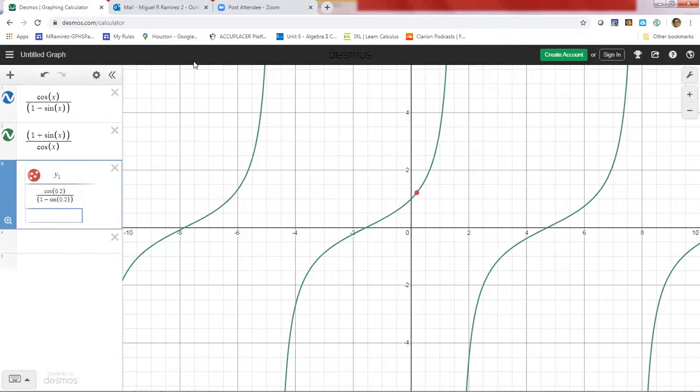Enter. And you see right here the point. Yeah? 0.2, 1.223. Everybody see that? So once you put this point right here in Desmos, you click on the point and then you see the value. 0.2, 1.223. This is what you have to write.